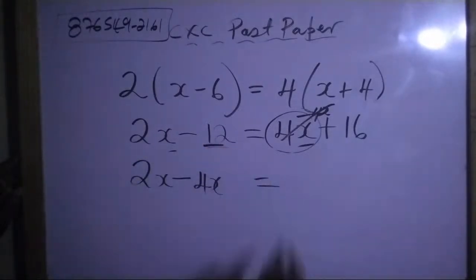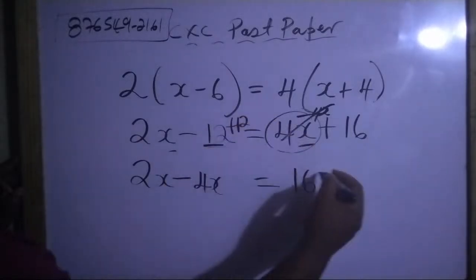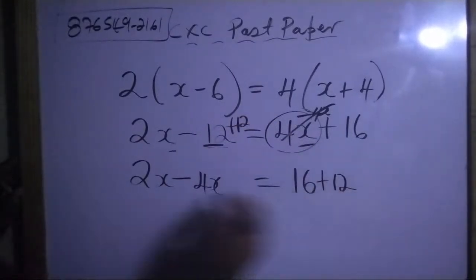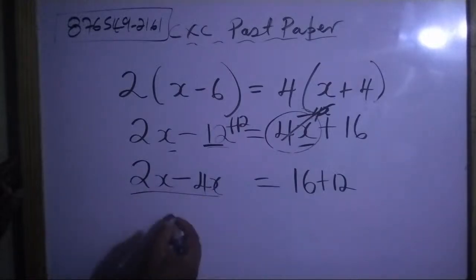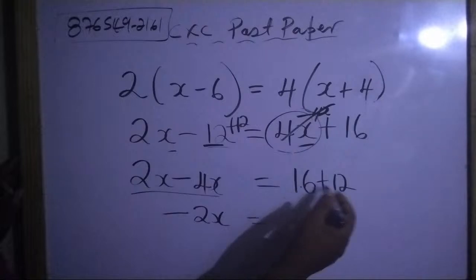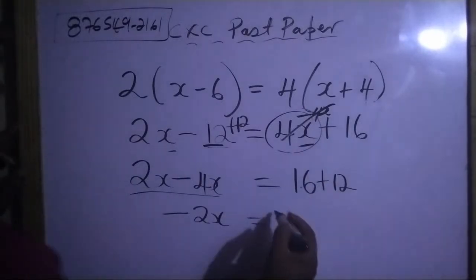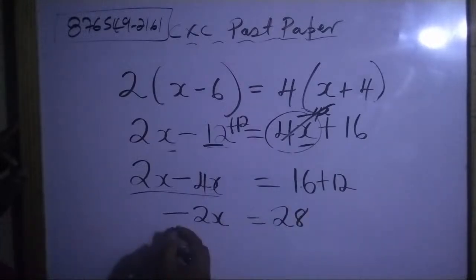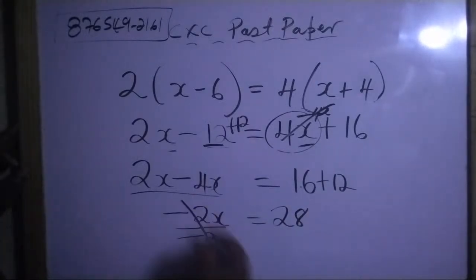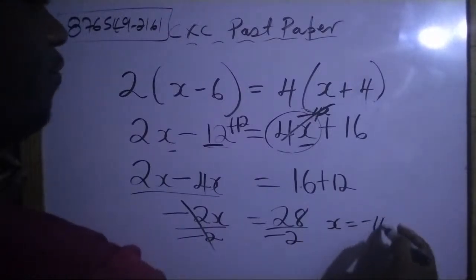What's the opposite of negative 12? Plus 12. So we add 12 to both sides. And of course, 4 take away 2, that's negative 2x. 16 plus 12, which gives us 28. And then we divide by the coefficient of x, which is negative 2. So x is equal to negative 14.